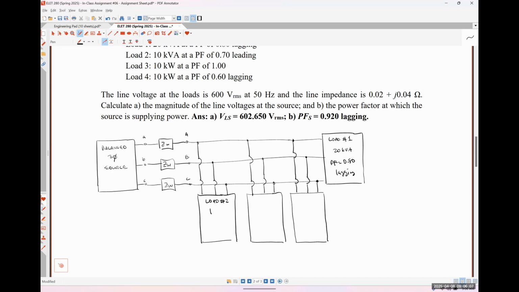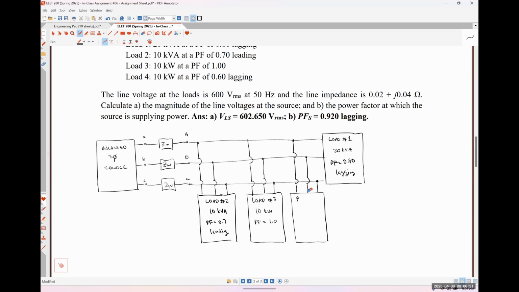So that's 10 kVA at a power factor of 0.7 leading. Here's load number 3, which is drawing 10 kilowatts at a power factor of 1.